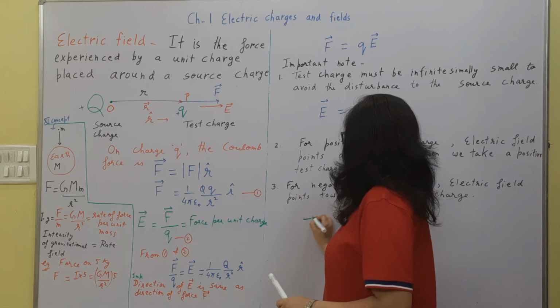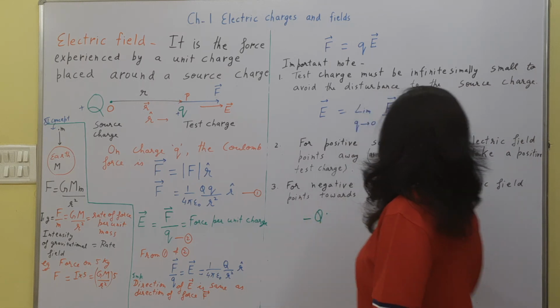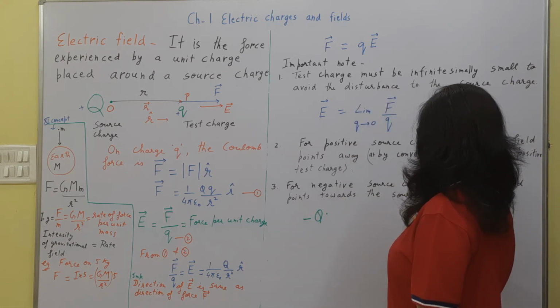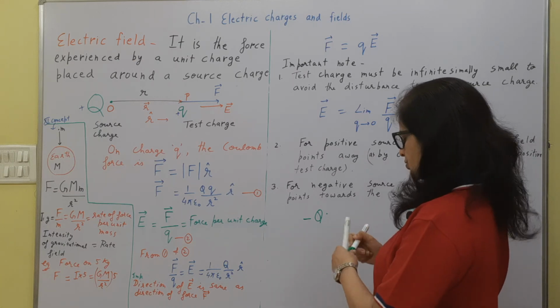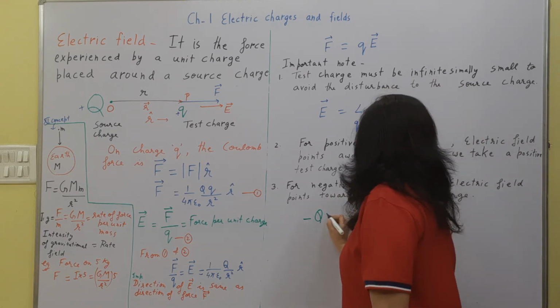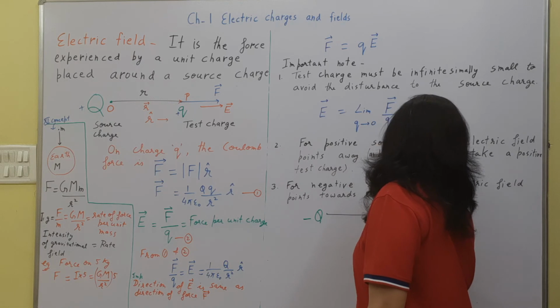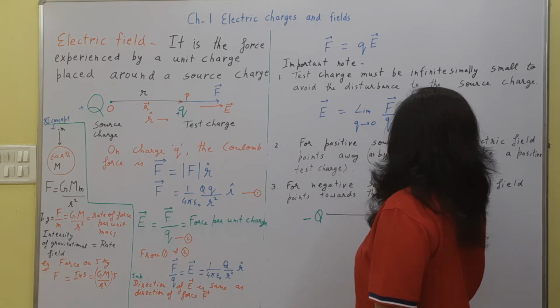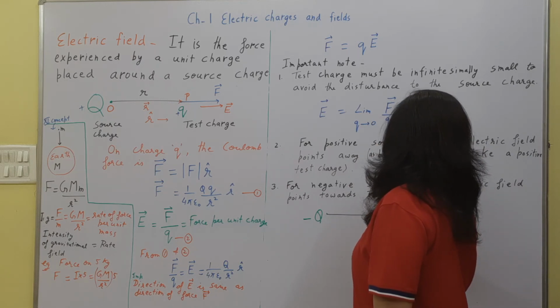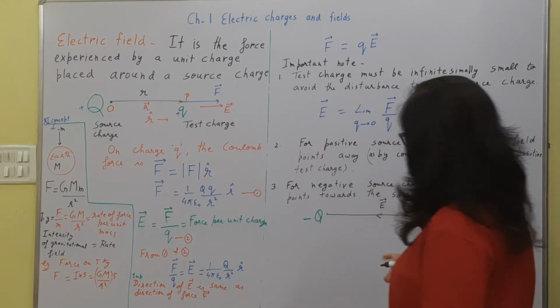If we have a negative source charge and then we have this obviously positive test charge, so what will be the force? The force will be attractive. So the direction of electric field will be this way, right?